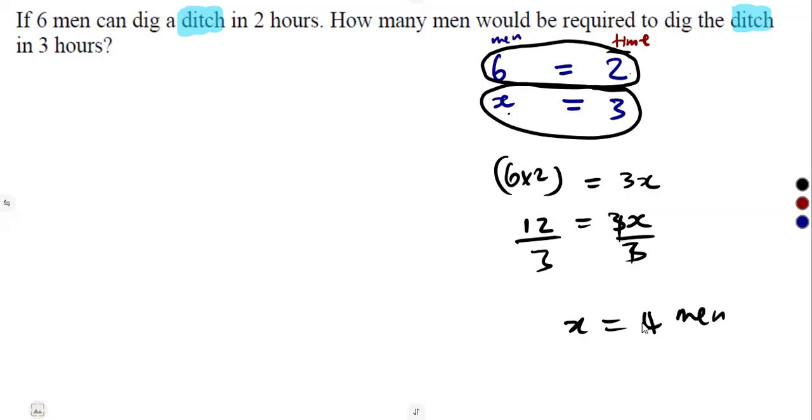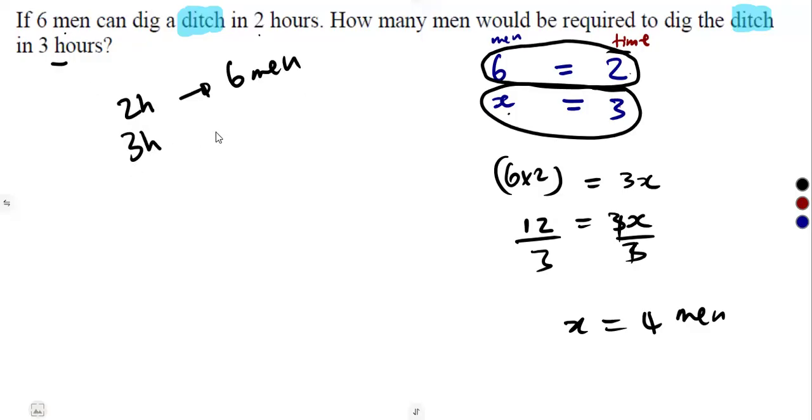They are less, but look at the time. More time. It is an inverse. It's not going in a direct way. Direct, guys, is when 1 increases, another one is supposed to increase. Look what we had here. It is 2 hours, 6 men. How many hours? 3 hours.